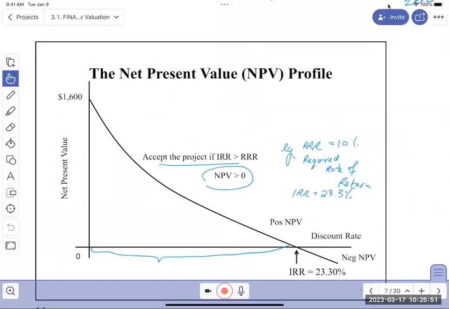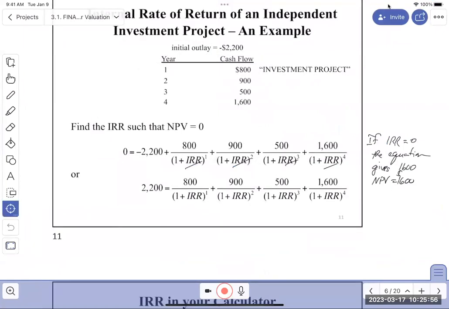So what we talked about so far is called an investment type project, where the initial outlay is a negative, and then the future cash flows are all positive. If that's the case, we call that an investment project.